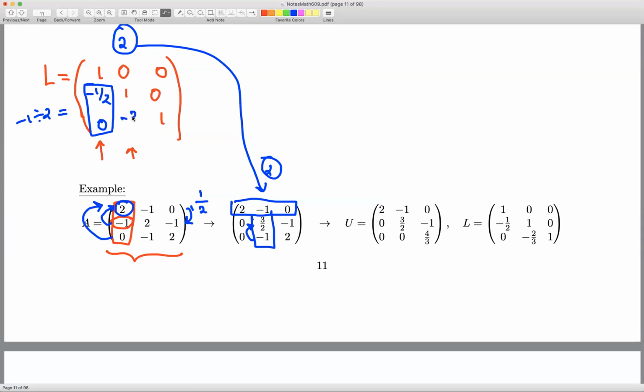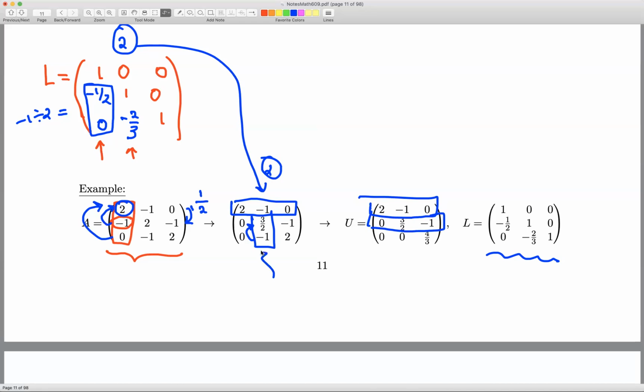So I end up with -2/3. And this is exactly what the matrix L is. I am done now with the matrix L. To continue with the Gauss elimination, I save the first row as it is. I save the second row as it is because they have the corresponding zeros.